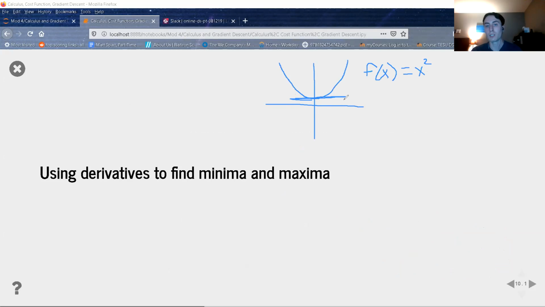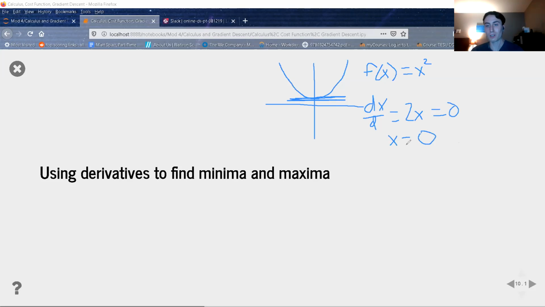That would be right here. Yeah. So the trick is you can find that if you find where the derivative of the function is equal to 0. So our derivative is 2x. So wherever 2x equals 0 is our minimum. So in this case, it's just 0.